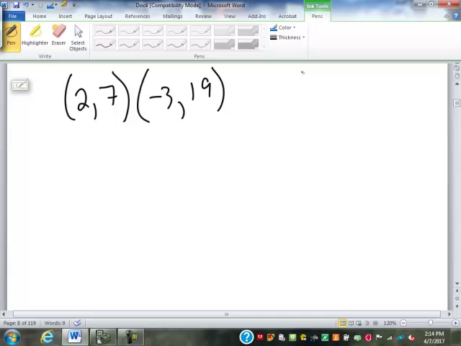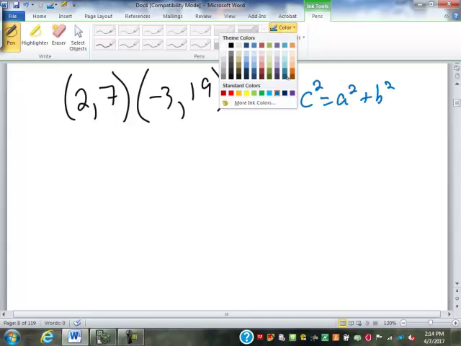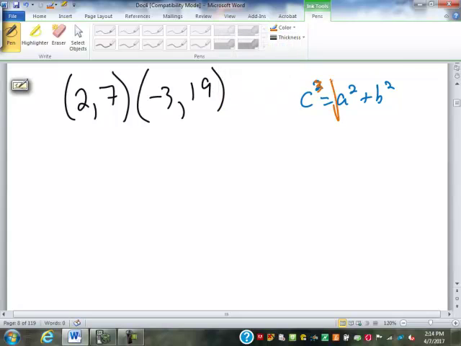Our formula to find the distance came from our Pythagorean theorem. It came from that idea of a squared plus b squared equals c squared. But remember, when we did that, we had c squared is equal to a squared plus b squared. We shortened it up by square rooting. So c was equal to the square root of a squared plus b squared. And that's exactly what we did here.